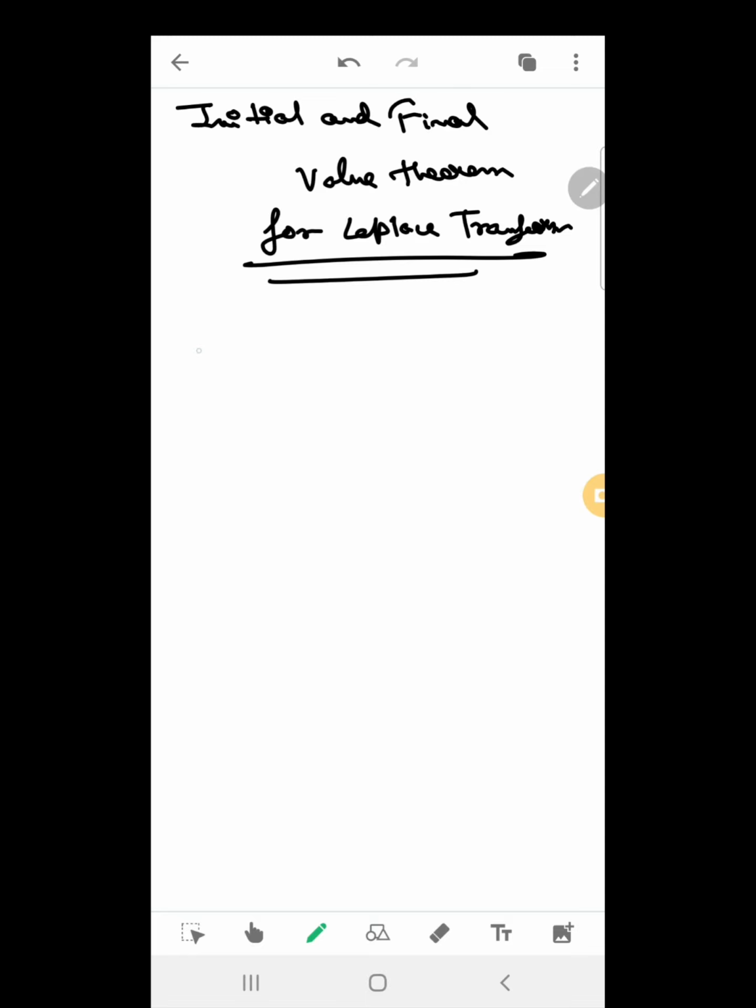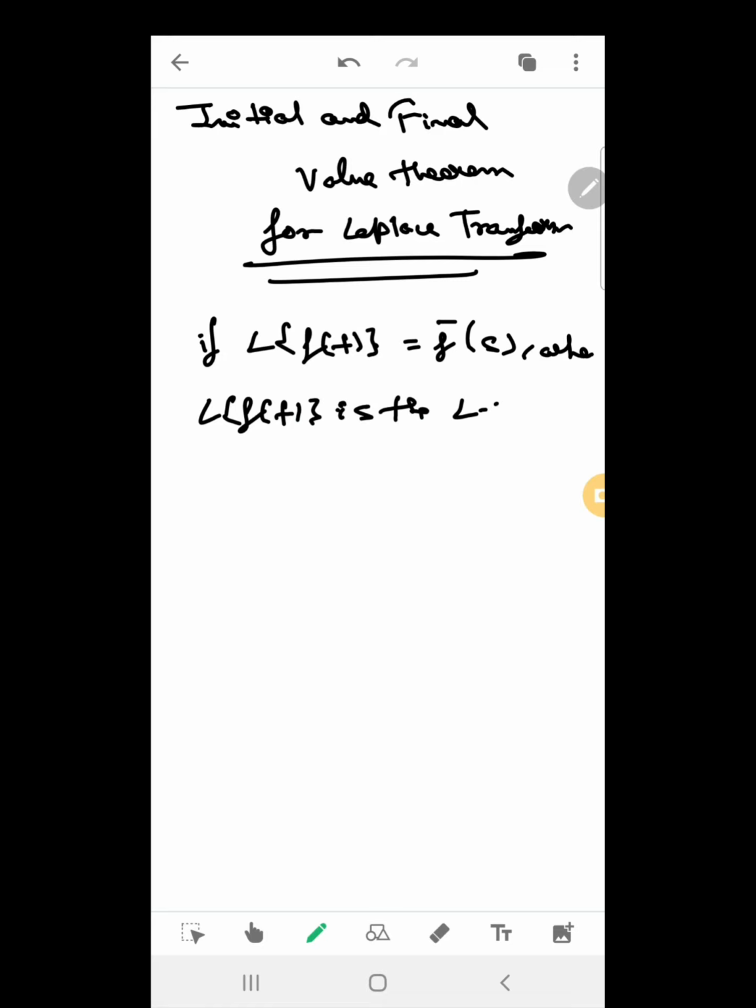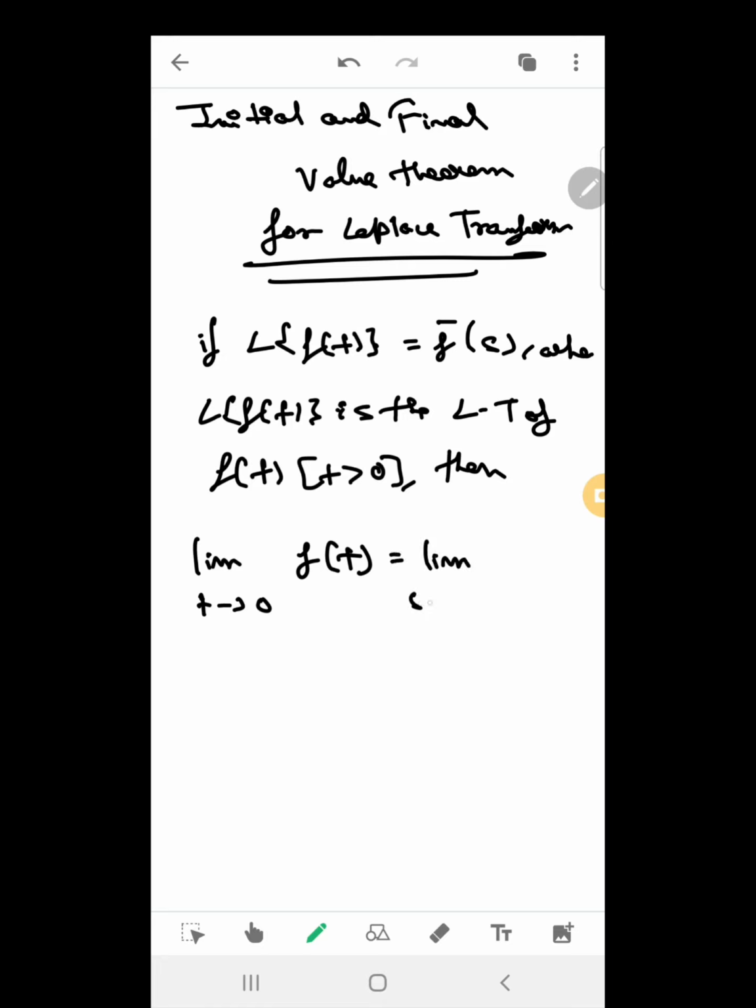The initial and final value theorem for Laplace transform says that if L of f(t) equals f bar(s), where L of f(t) is the Laplace transform of f(t) for t greater than 0, then the limit as t tends to 0 of f(t) equals the limit as s tends to infinity of s times f bar(s).